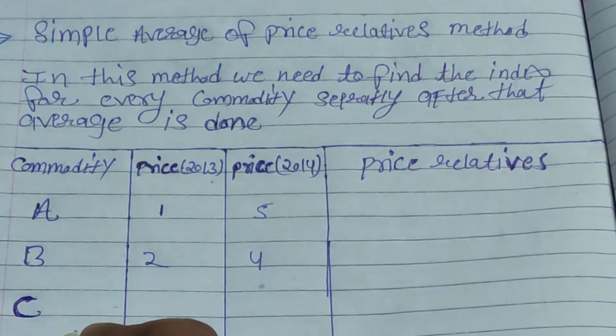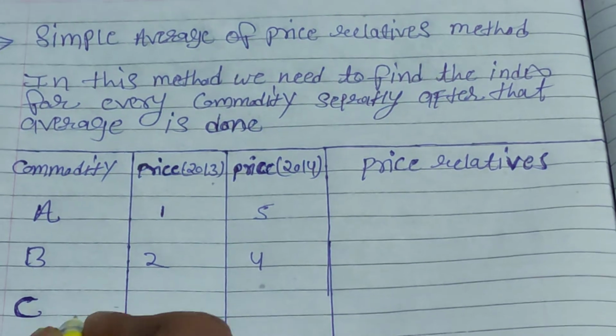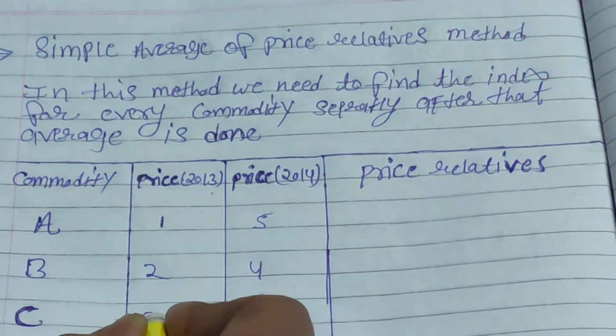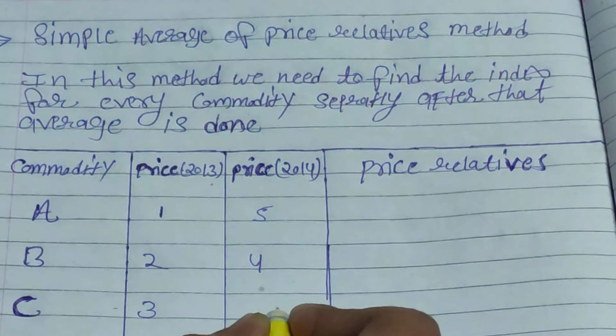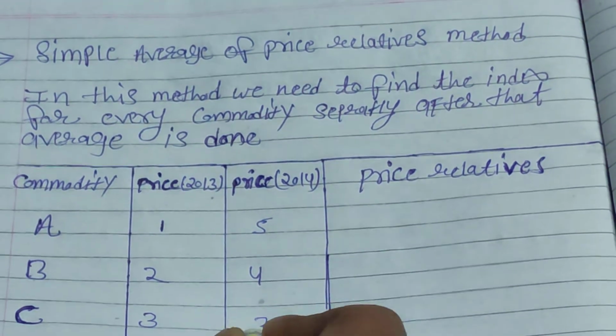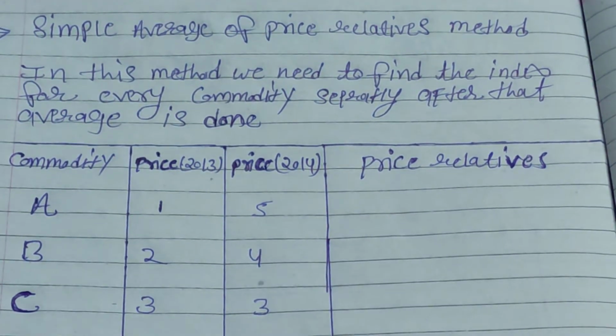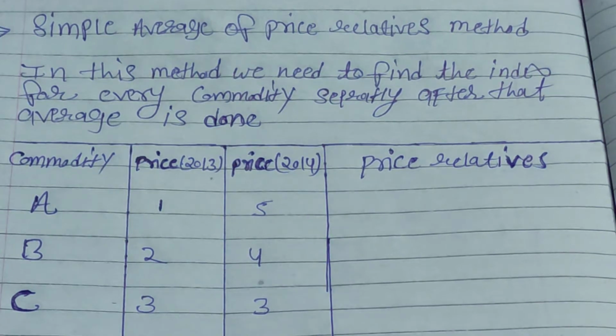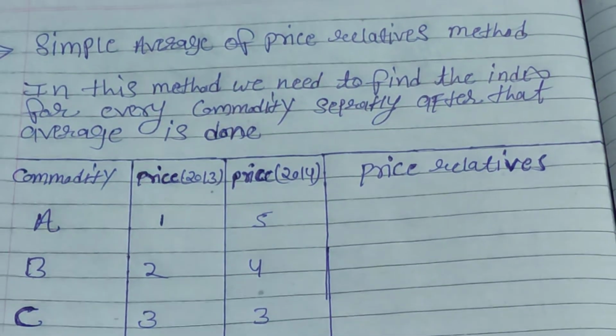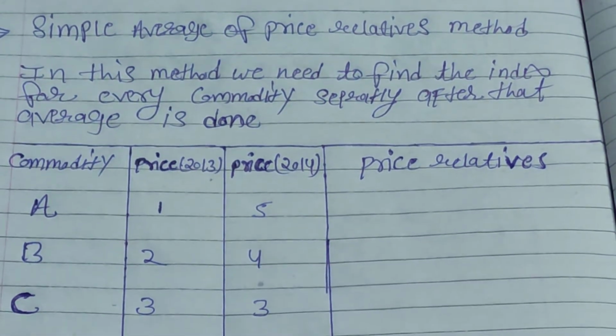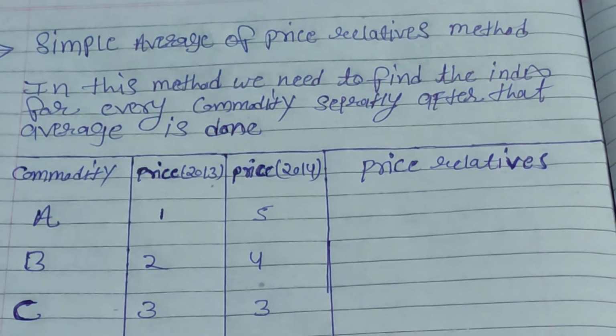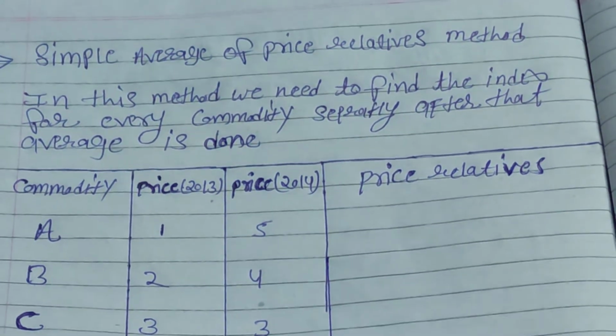Commodity C price in 2013 was 3 rupees and in 2014 was 3 rupees. Commodity D price in 2013 was 4 rupees and in 2014 was 2 rupees.